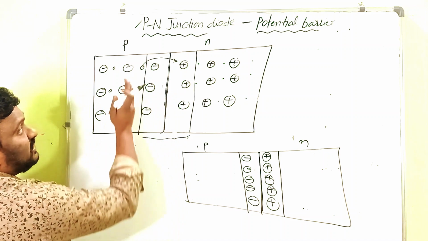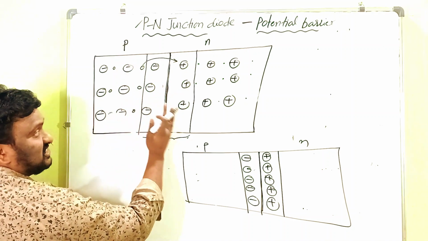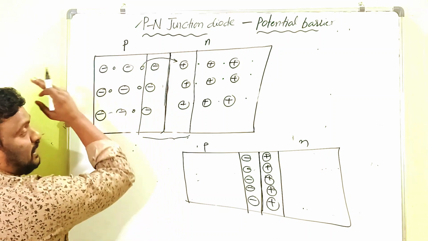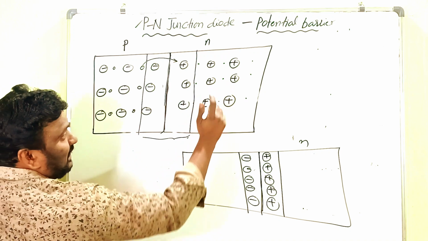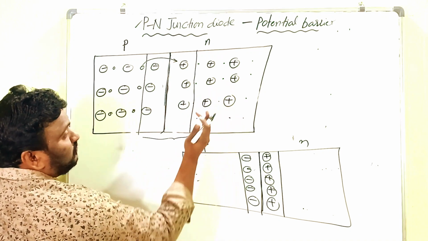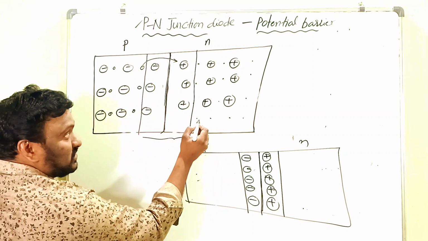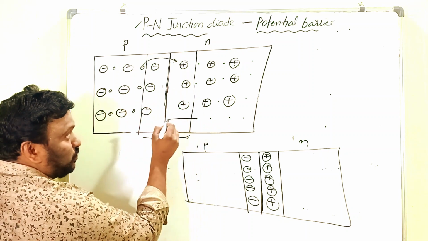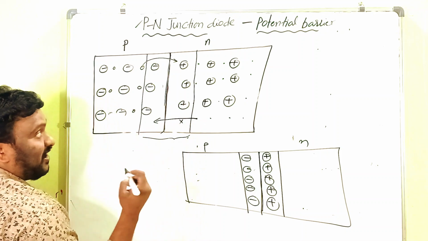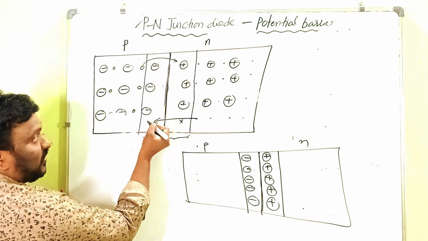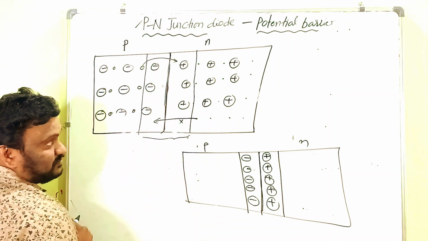Then those holes come back; they do not cross the junction and stay in the p-type only. Similarly, if electrons want to move from the n side to the p side, it is not possible. Why? The negative charge repels the electrons.